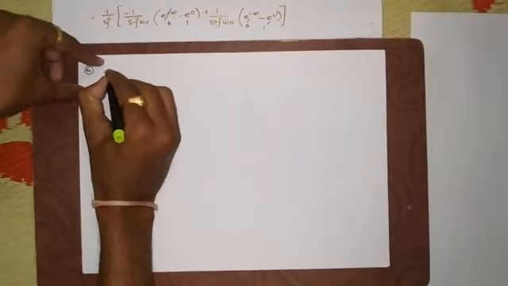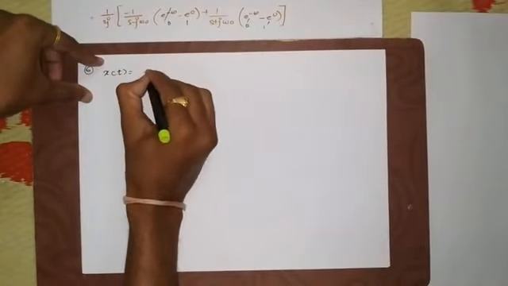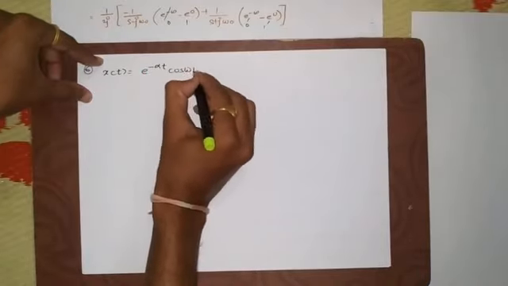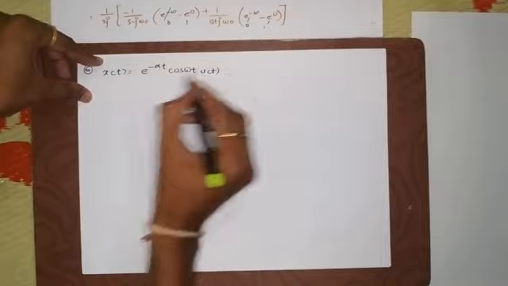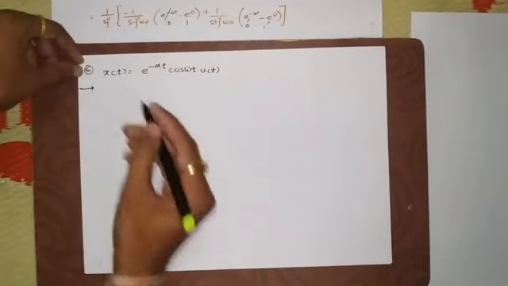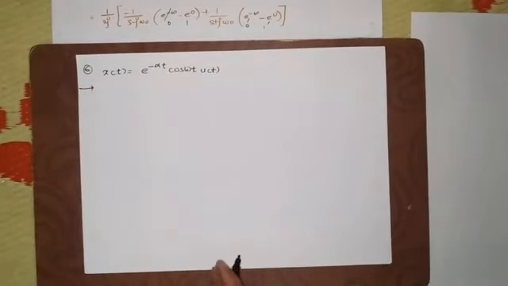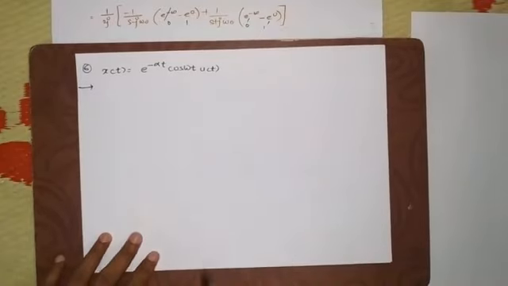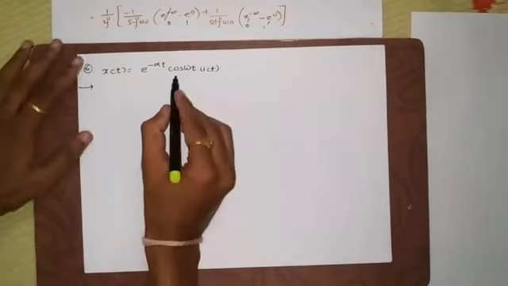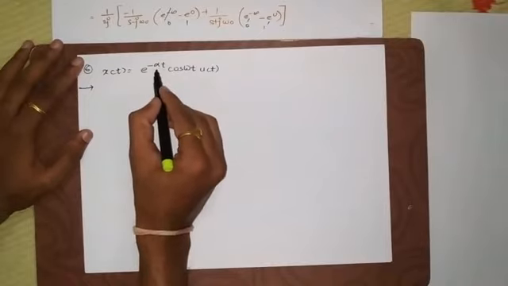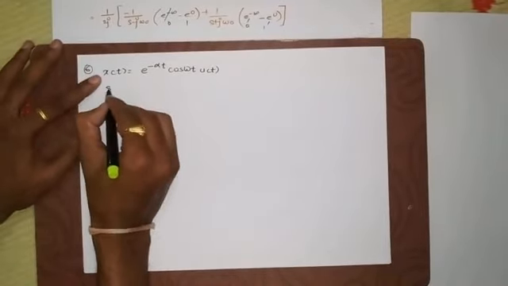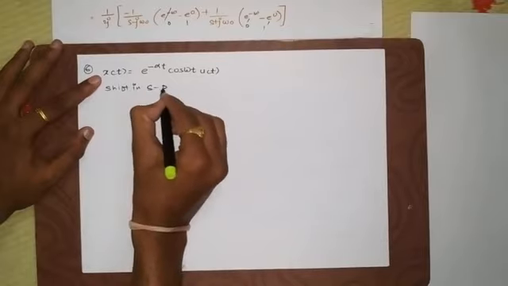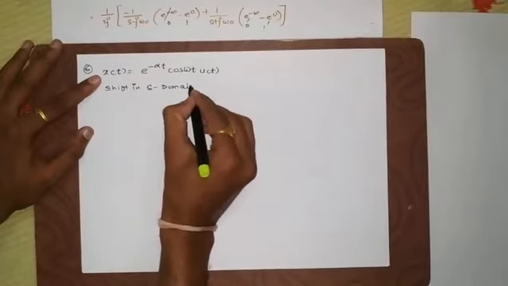Now the next question, and foremost important, is x of t is equal to e raised to minus alpha t cos omega t into u of t. We have to find Laplace of this function. We have already determined the Laplace of cos omega t with u of t, the unilateral Laplace transform. Now it is shifted with some delay, so we'll use a property called shift in s domain property.